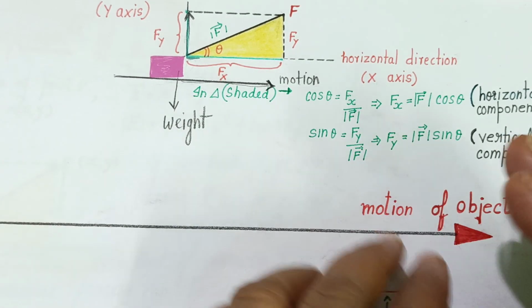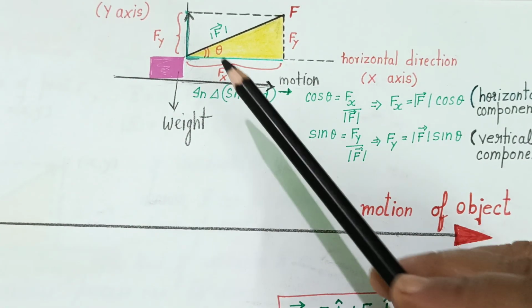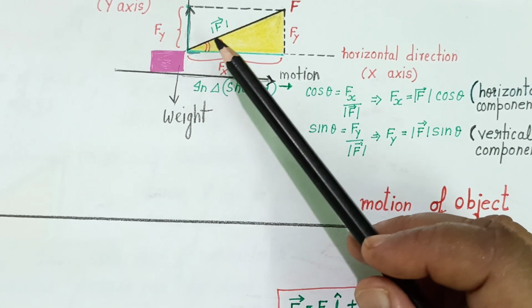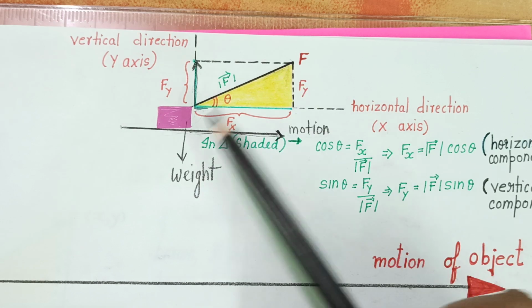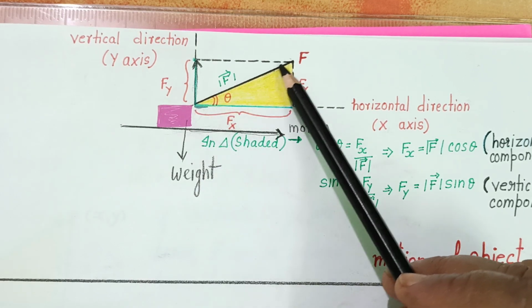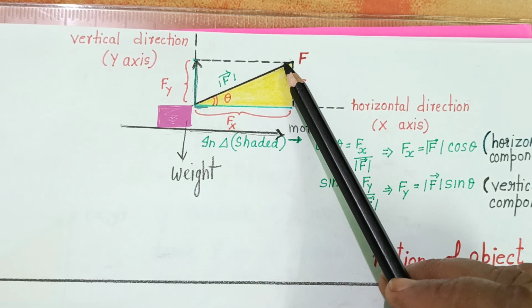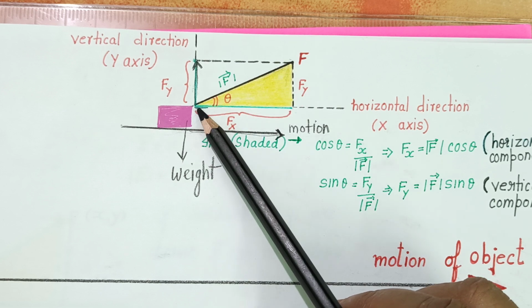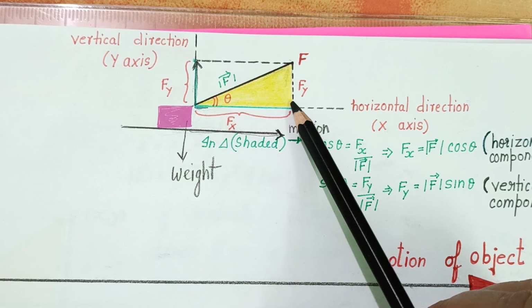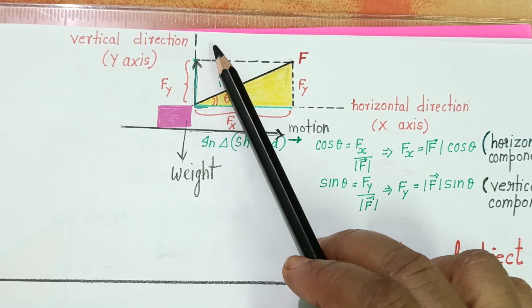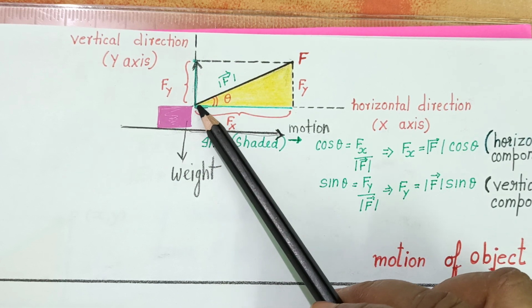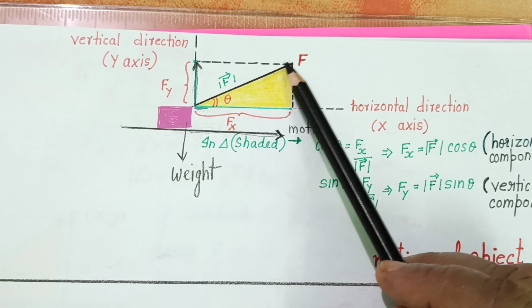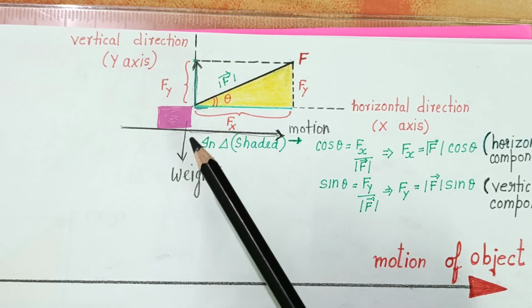So through these two experiments, we got a very, very important concept. What is that concept? That a vector quantity has its effect in horizontal direction also, in vertical direction also, although the vector actually is acting at some angle theta from the horizontal.